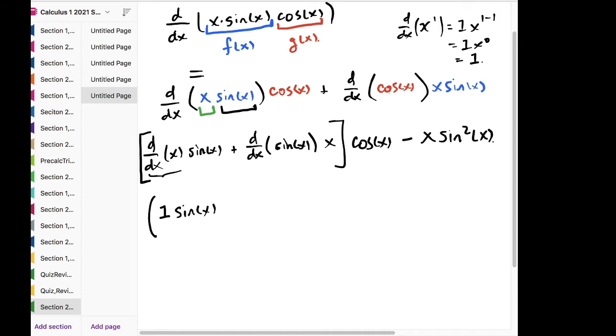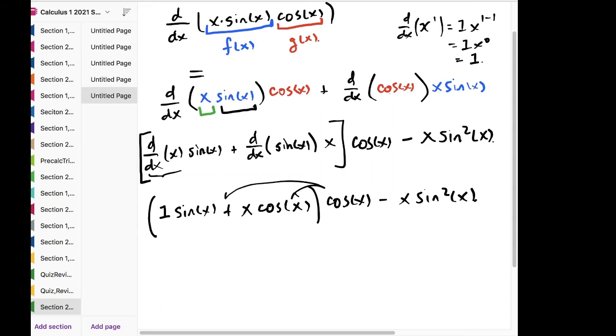And what's the derivative of sine? Cosine. So I'm going to bring the x outside, on the left, I mean. Okay, now let's distribute in this cosine. So I get sine x cosine x plus x cosine squared, and then minus x sine squared.